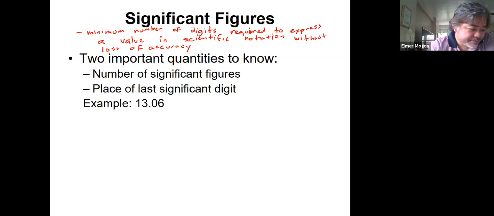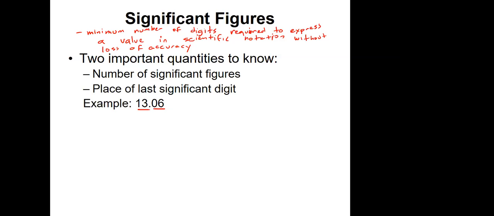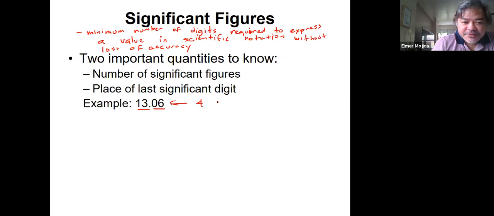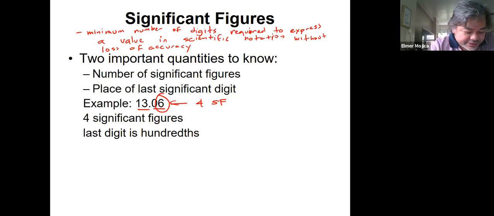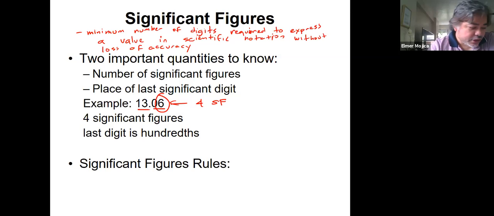So example here, okay, how many significant figures does this number have? Anyone? 4. Okay, so that has 4 significant figures. Okay, and the last digit here, we could say that's a significant number. So the last digit is in the hundreds. Okay, so what we're going to do is recall the different rules for significant figures.